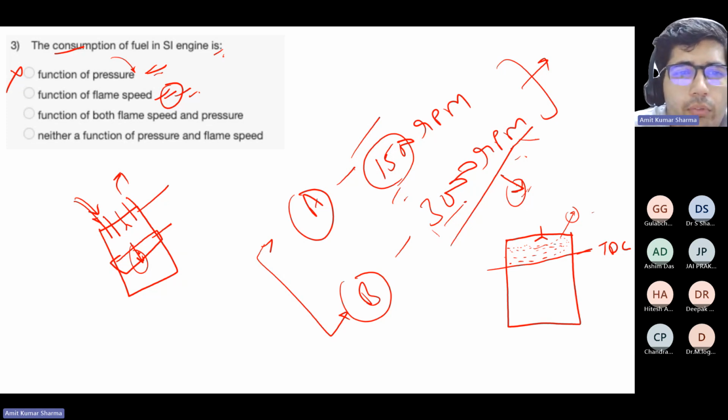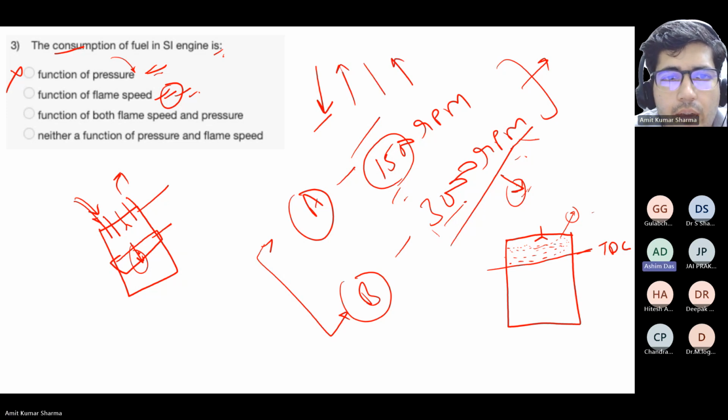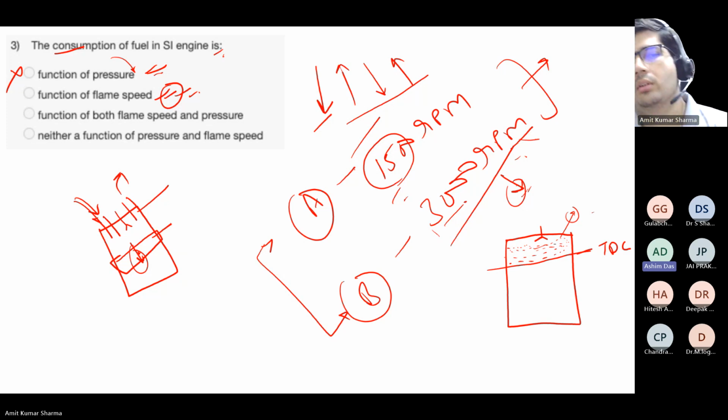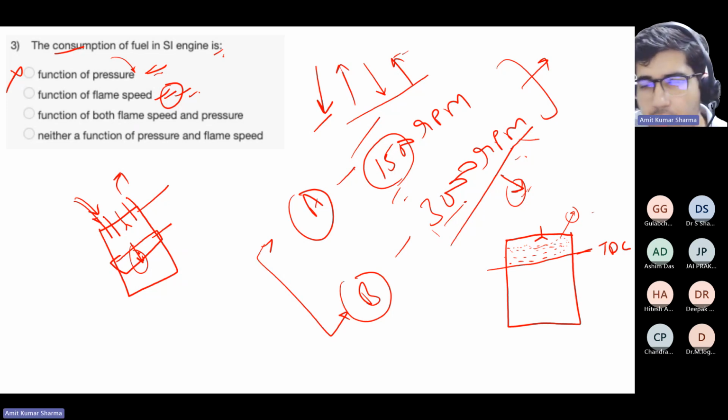So the first is the suction stroke, then the compression stroke, then expansion or power stroke, and then the exhaust. So first the piston will come down, then it will compress, then the expansion will be there, and then the exhaust. So yes, both ports will be closed. Thanks for the correction.